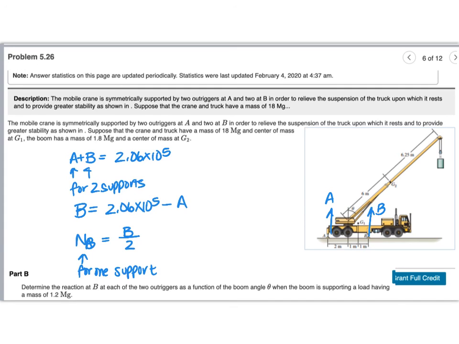So that's sort of like plug in what you got from part A. For B, I ended up at 14750 minus 6.25 times 10 to the 4 sine of theta, and then we divided that by 2. And that's how we got our answer.